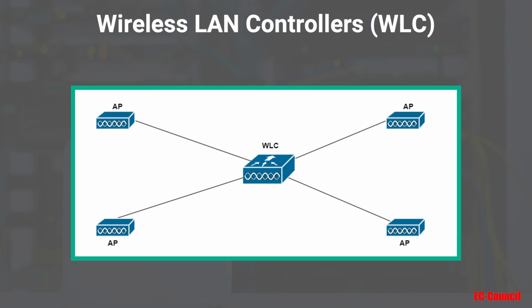The wireless LAN controller will then push those changes to all the access points across the network. So you don't have to log into each of these and make any changes. You do all the adjustments and configurations on the WLC, and the WLC will take care of everything for you.